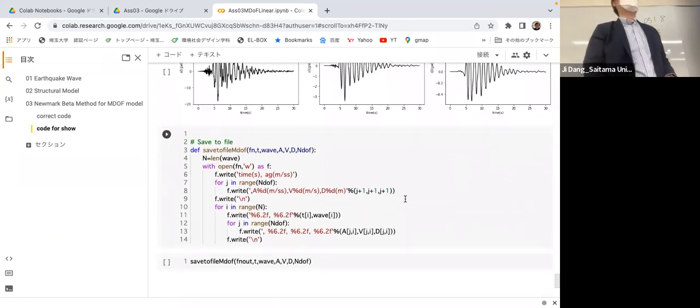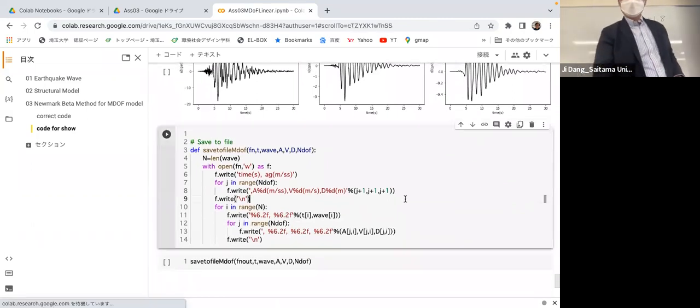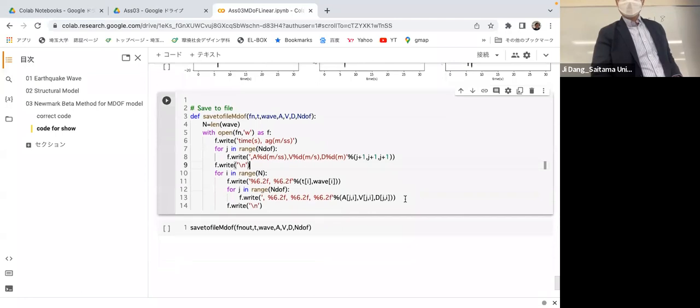And save to files. Every result goes to the files. So when we run them, they will save a text file. Make sure that everything is written in the text file very well. In the beginning, you have a header for each column, right?